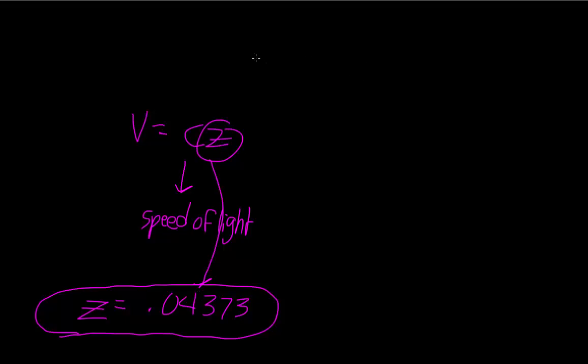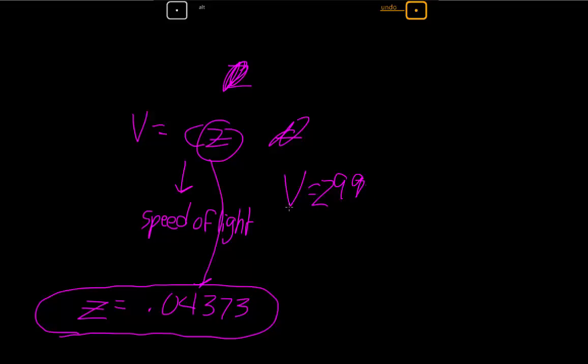So we're going to plug this stuff in. V equals velocity equals, so the speed of light is just under 300,000 kilometers per second. To be more accurate, 299,792.4458 kilometers per second.